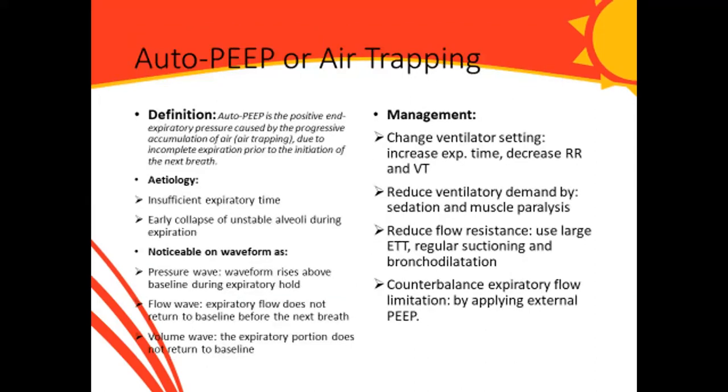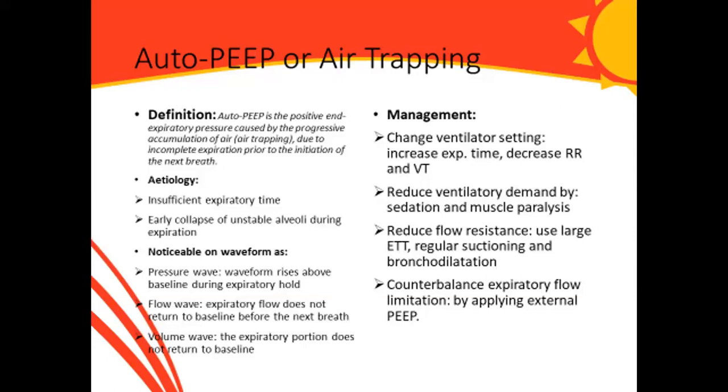All right, auto PEEP and air trapping. I just like to bring this in for us to understand. So what is auto PEEP? This is positive end expiratory pressure caused by progressive accumulation of air. At the end of expiration, the alveoli should be empty.